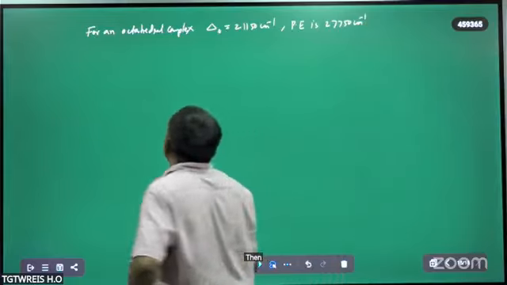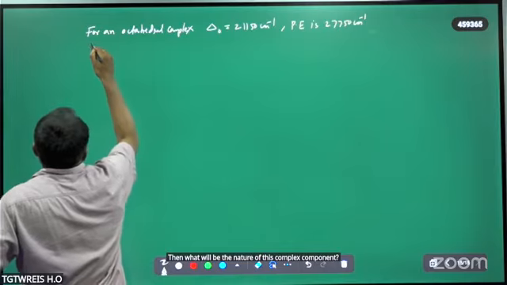Then what will be the nature of this complex compound?